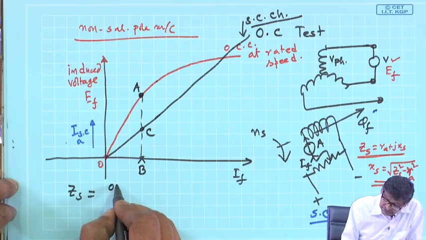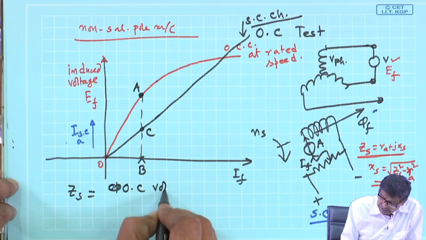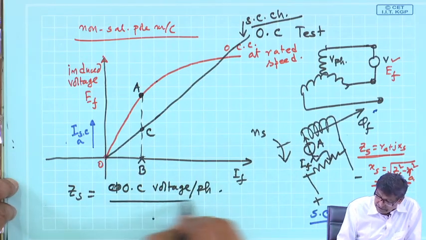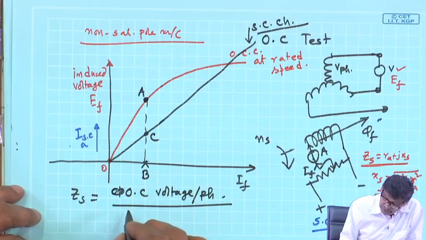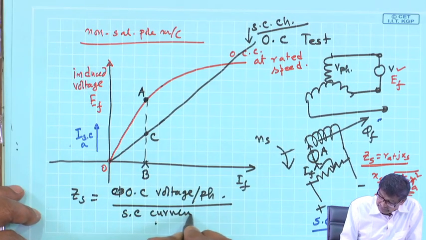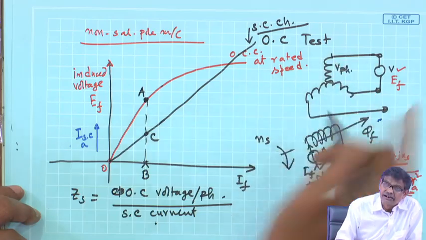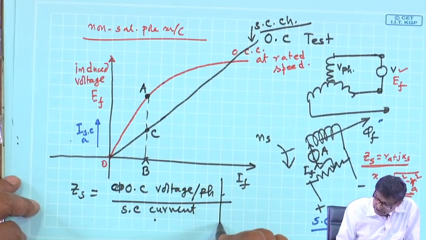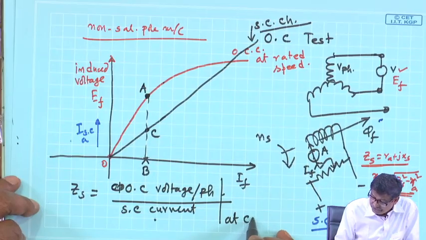it will be the open circuit voltage, the OC voltage per phase, divided by the short circuit current per phase, because star connected is assumed, but this you have to calculate at constant IF.